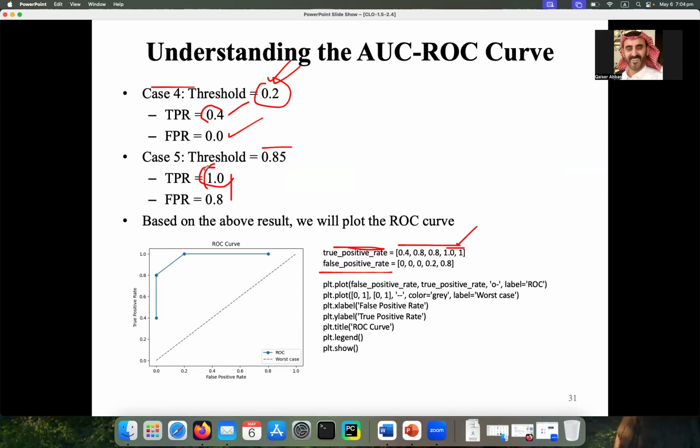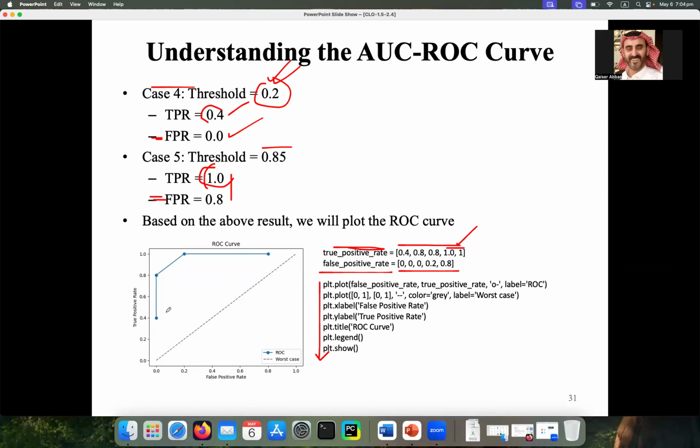And for FPR, these are the values that you obtained here, which you are writing here. And now you are giving it into the Python code, and then this code is displaying that auc-roc curve for you.